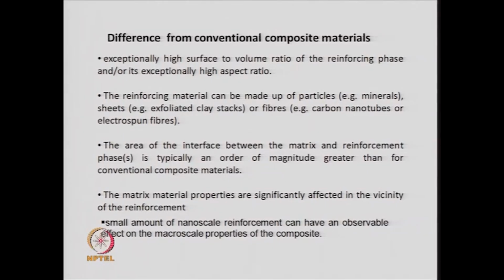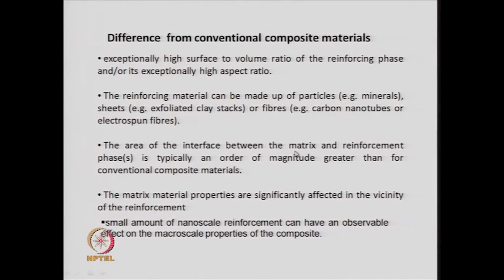The nanocomposites will have a higher surface to volume ratio. It may also have exceptionally high aspect ratio, especially if you take nanofibers or nanowires. Then the reinforcing material, which is one of the components and normally is the nanoparticle, can be made up of several particles, for example mineral sheets or clay stacks, or fibers like carbon nanotubes or electrospun fibers, and the area of the interface between the matrix.